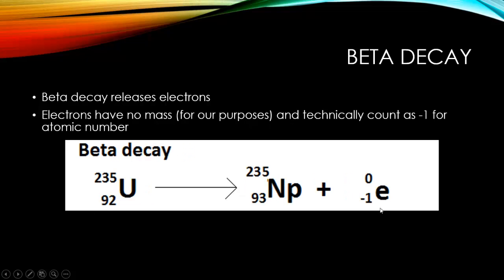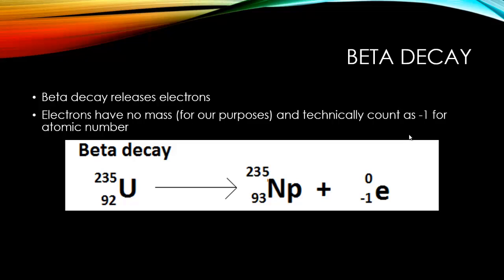Same thing is going to be true for beta decay, except for beta decay, you are releasing electrons. It's right over here. Technically, this is beta emission. You could do the opposite and add it at the beginning, but we're not talking about that. We're talking about the normal type of beta decay. And since electrons have no mass, at least as far as we're concerned, there's no change in mass.